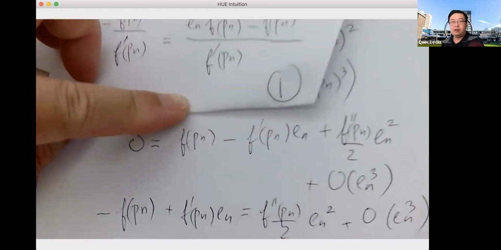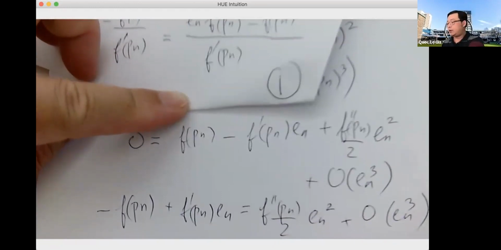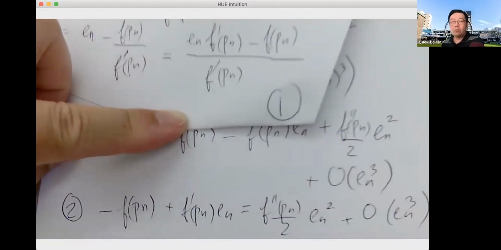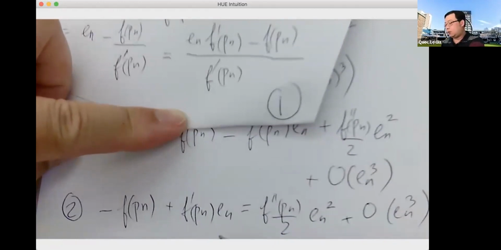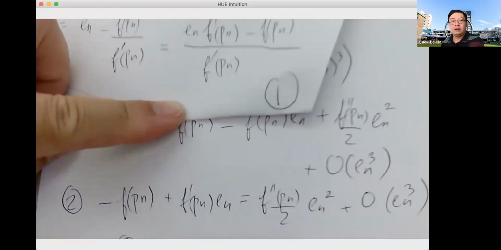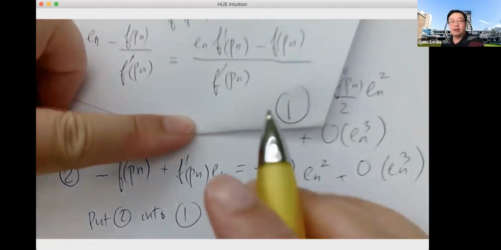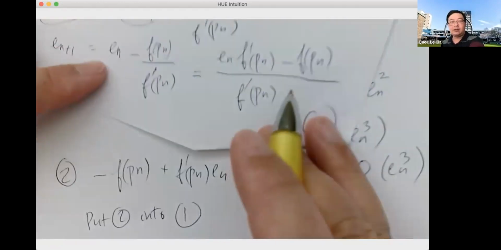Now suppose I call this equation number 2. Then I put 2 into 1. Remember this is my 1, so the very left is just En plus 1.